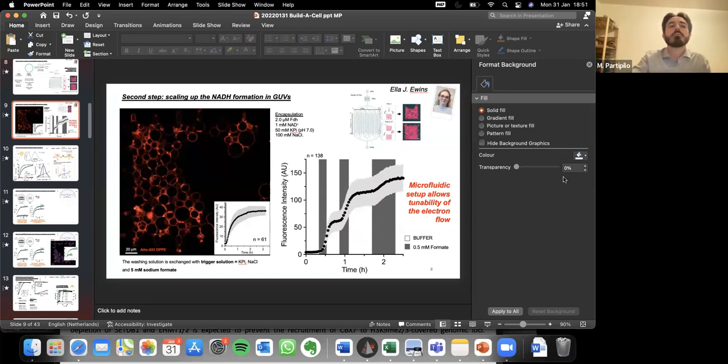So for the full pathway, I think with a good level of confidence, I can say between pH 6 and pH 8, because now I'm thinking about the pH optimum of the three enzymes that we use. So the formate dehydrogenase, the transhydrogenase, and the glutathione reductase. In terms of lipids, I also don't think they would be strongly affected by this kind of pH, but if you go, for example, too low in pH, I would expect that the transhydrogenase starts to lose activity.